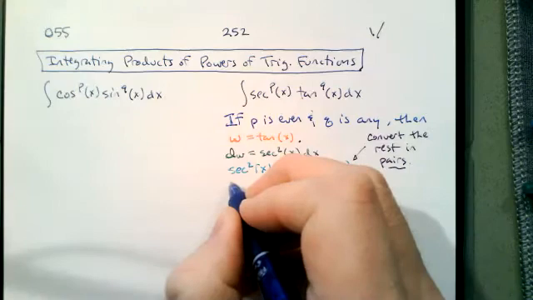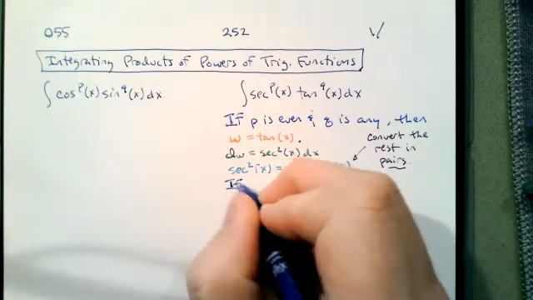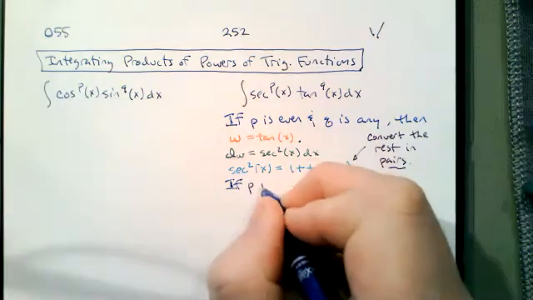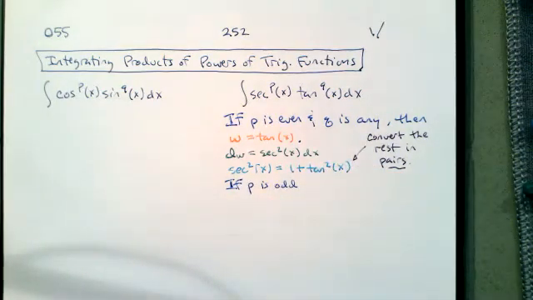So here's the new one. One of your classmates has made a discovery in the discussions: if P is odd, and this is the big part, and Q is also odd, then we can make the substitution secant.